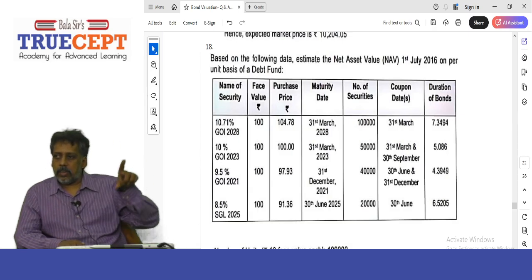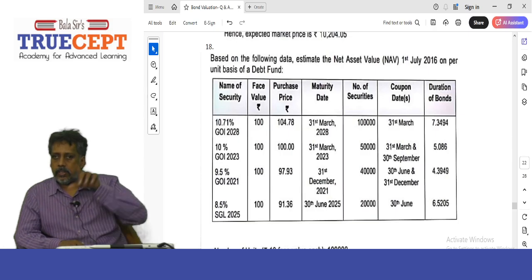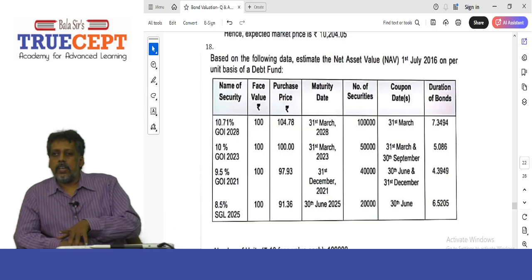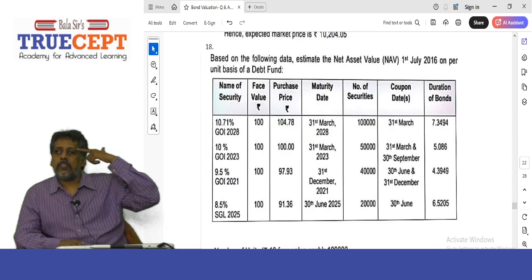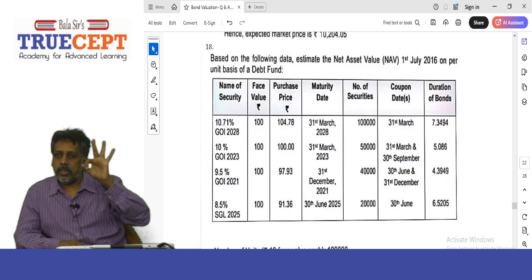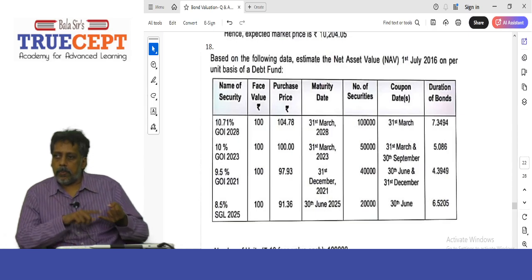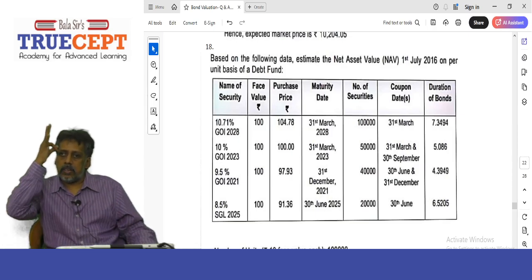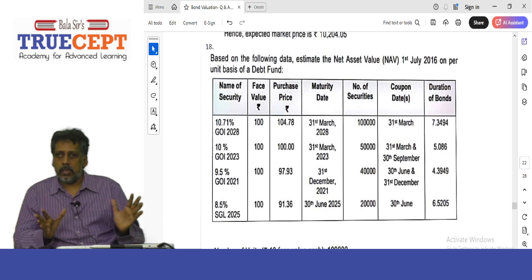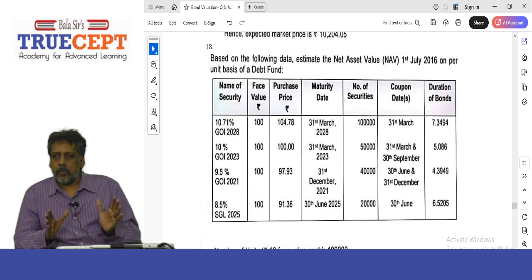Because you're going to calculate the NAV on 1st July 2016, the last interest would have been received on 31st March 2016. Again, 3 months interest will be accrued on these bonds, the months April, May and June. 3 months interest accrued on these bonds until 1st July 2016.